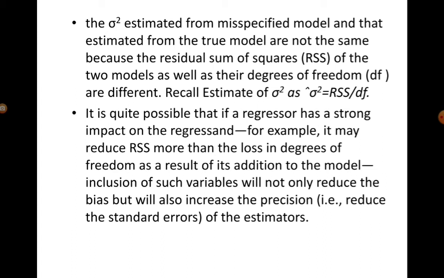But like I said, if the x variable x3 that you are introducing into the model has a strong explanatory and influencing power on the y variable, then the gains that we get from reducing the RSS will be more than the pain of losing 1 degree of freedom.